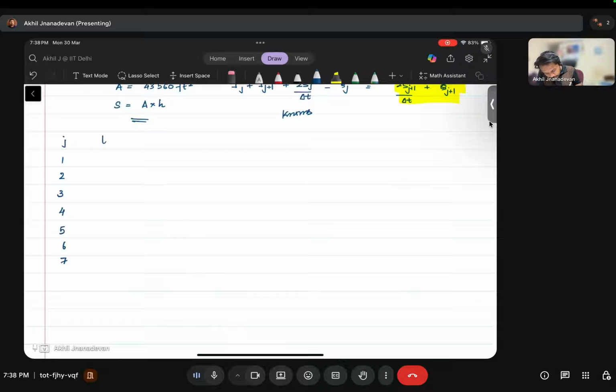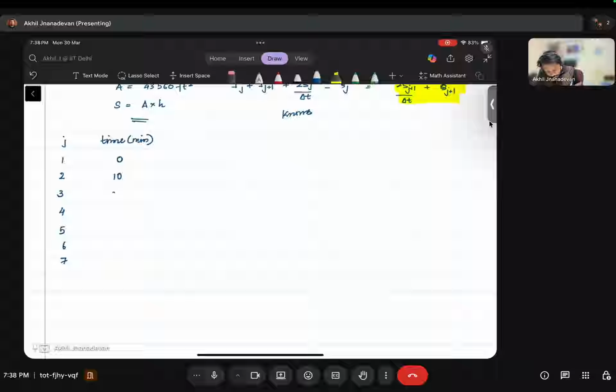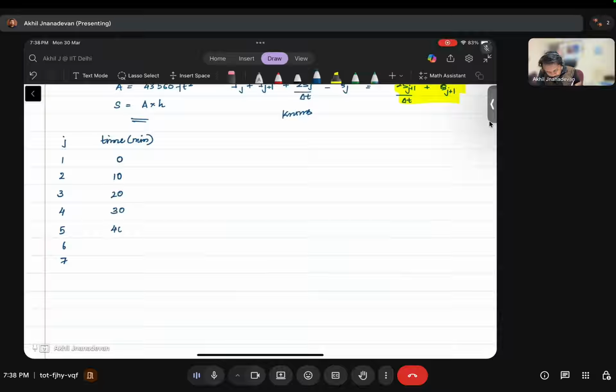We have our time in minutes, that is 0, 10, 20, 30, 40, 50, 60, 70, like that. And we have inflow I: 0, 80, 160, 120, and 0.